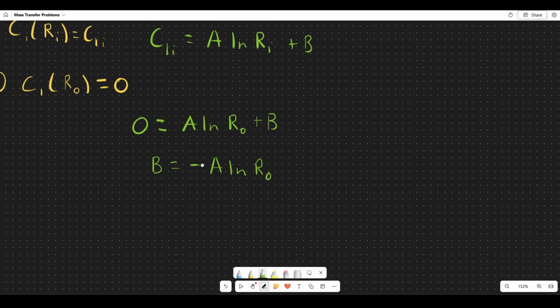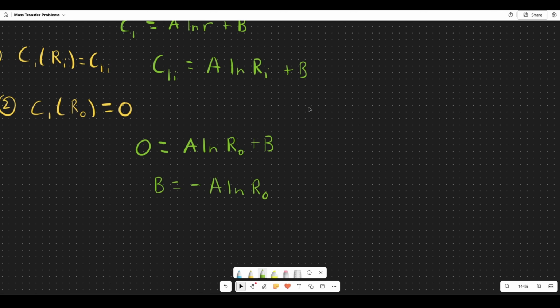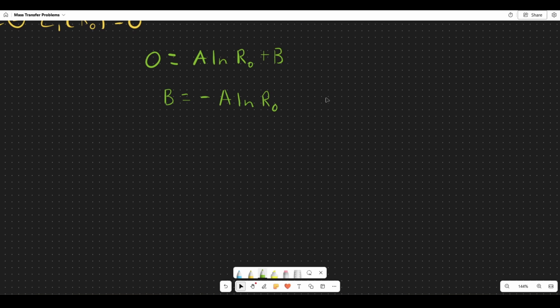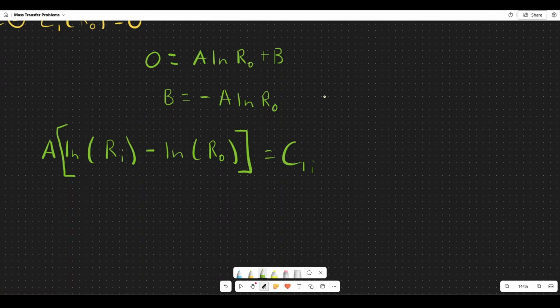So now that we know what b is, I'll go ahead and plug b into this equation and we'll see what we get. And what we end up getting is a ln of ri minus, actually should be bracket ln of r naught equals c1i, right?